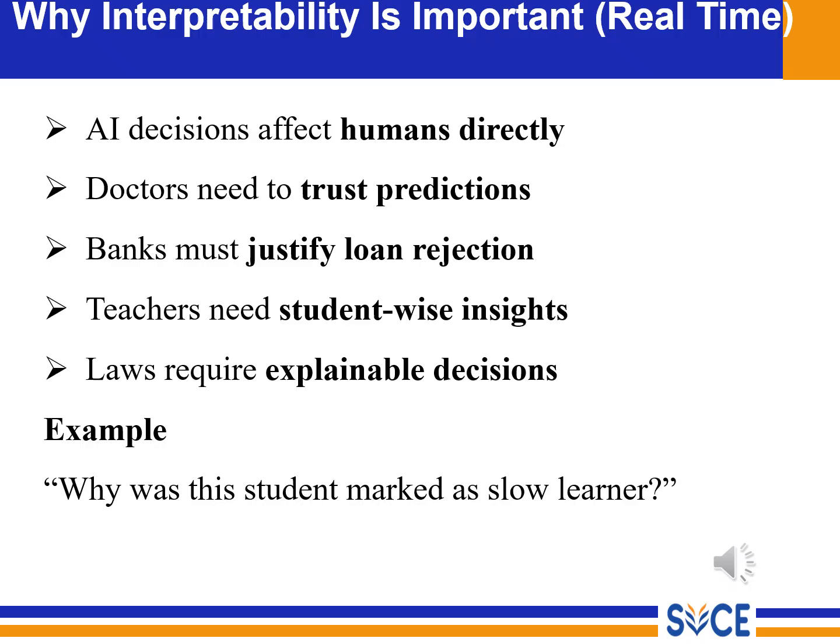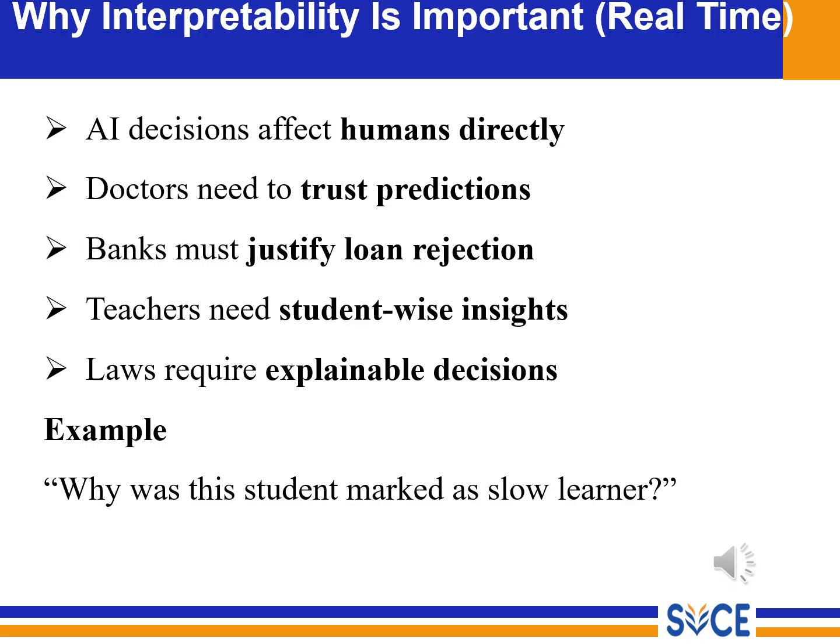AI decisions directly affect human lives. A doctor needs to trust a prediction before prescribing treatment. A bank must justify why the loan was rejected, especially under financial regulation. A teacher needs student-wise insight to understand learning gaps.